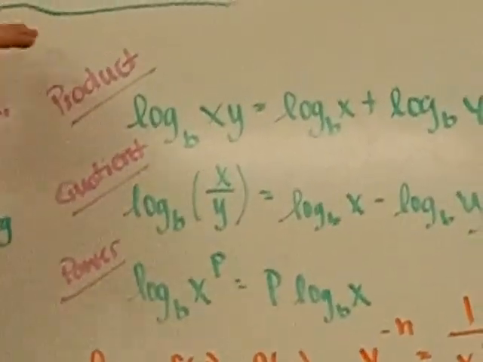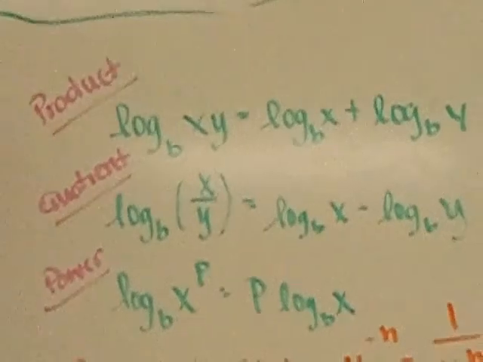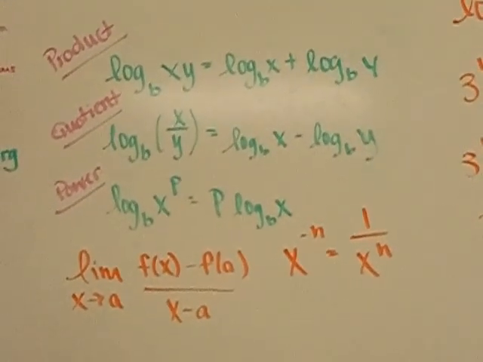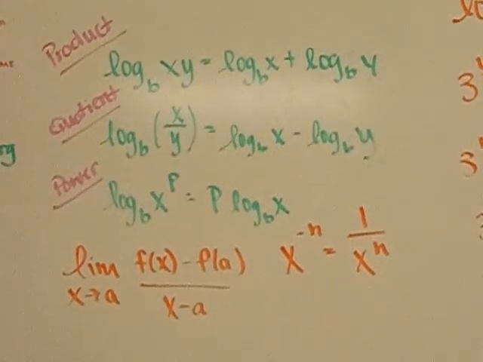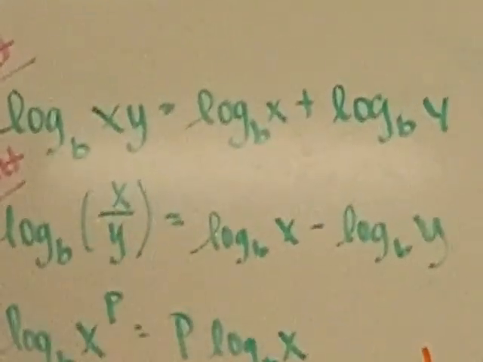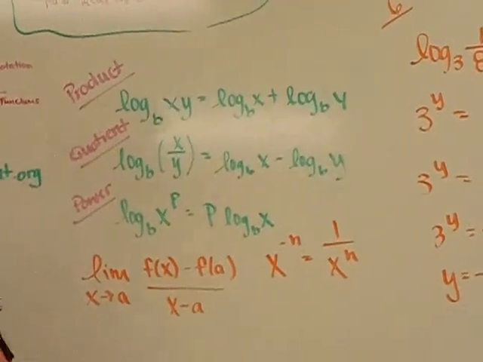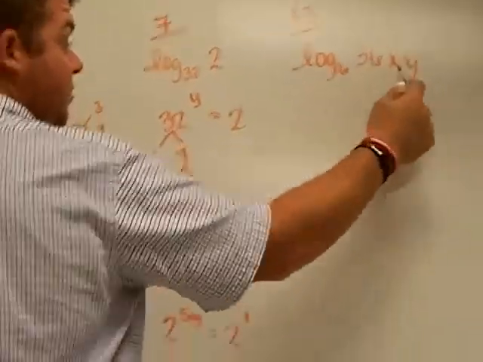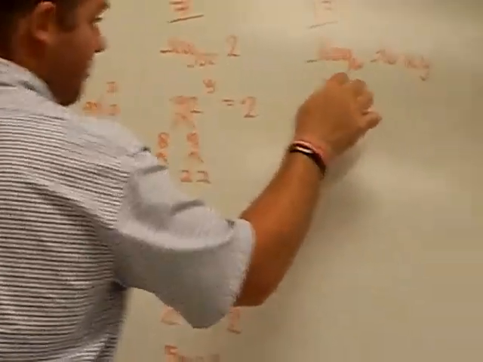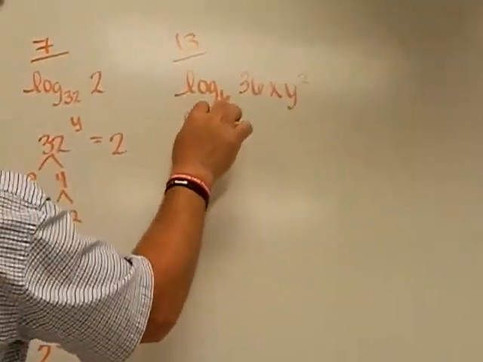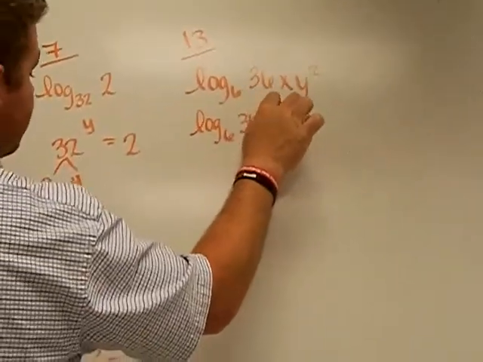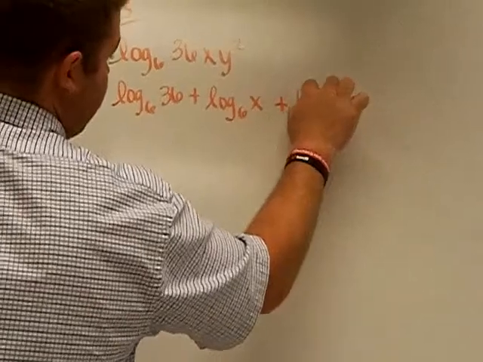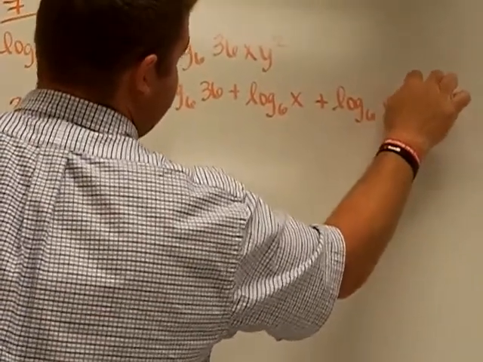Work in order from top to bottom. What's the first thing we can do? What's the first rule or property we can use? The product, right? I don't have a quotient, so I'm not going to use that one. So let's do the product first. I've got 3 terms, 36, x and y squared. So I'm going to split them up. They're added together. We get log base 6 of 36 plus log base 6 of x plus log base 6 of y squared. Correct?